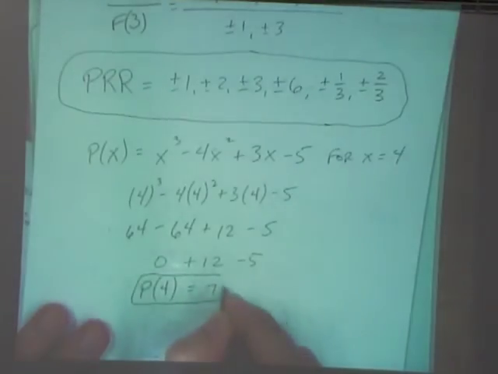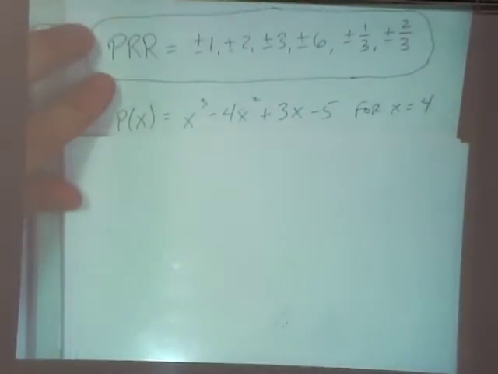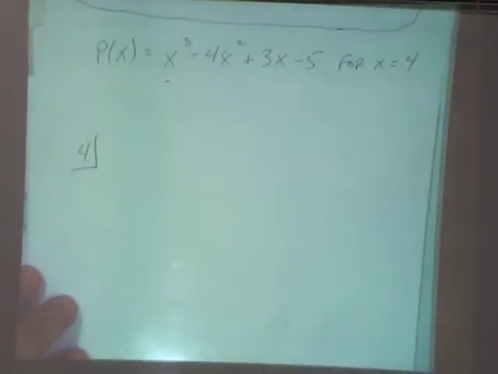Okay, why don't we do it the way they said to do it? All those in favor? Synthetic substitution. So what they said to do, use synthetic division. I'm going to put 4 in the box.